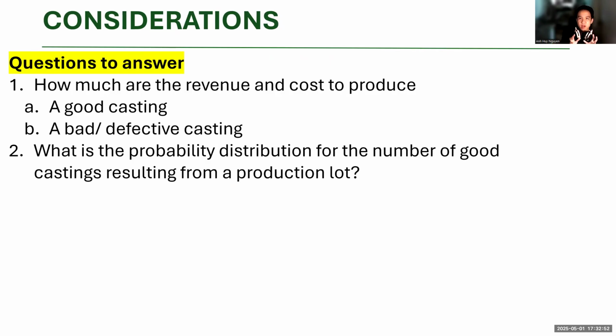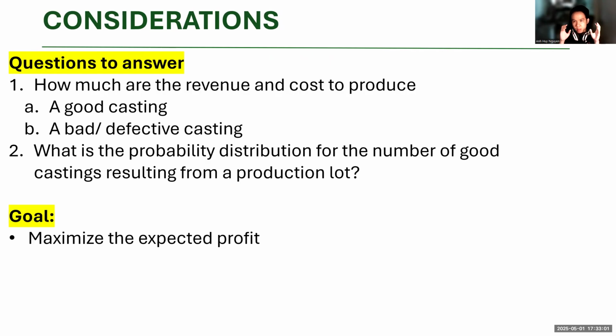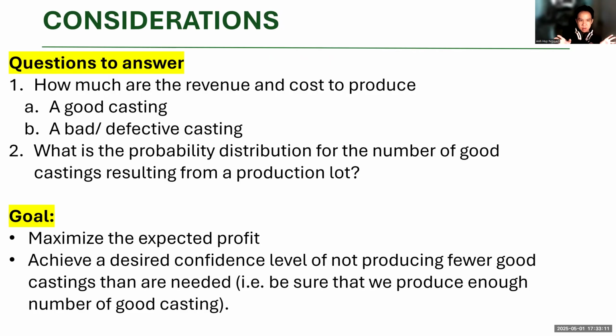After you have answered these two questions, you can achieve one of these two goals. You want to maximize the expected profit, or you achieve a desired confidence level of not producing fewer good castings than needed. In simpler words, you want to be sure that you will produce enough good castings.